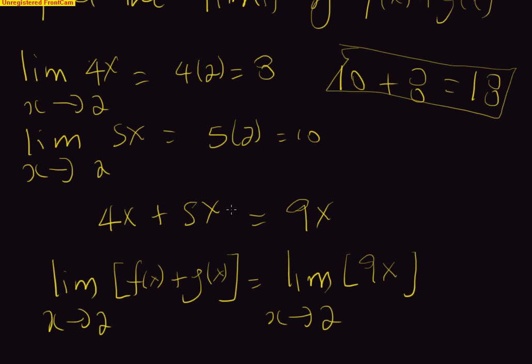Remember, this is f of x, this is g of x, so we added both functions and end up with 9x here, and we put the 2 in to substitute x, and we end up with 18. So the same answer that we got, so it doesn't matter. With all these properties, limits will not be that hard for you.